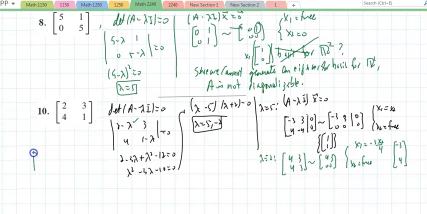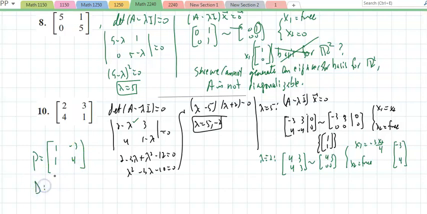So P corresponds to lambda equal 5. I will use 1, 1 and negative 3, 4, with a diagonal matrix of 5, 0, 0, negative 2. The order is very important. There it is. Now all I have to do is figure out the inverse of this.